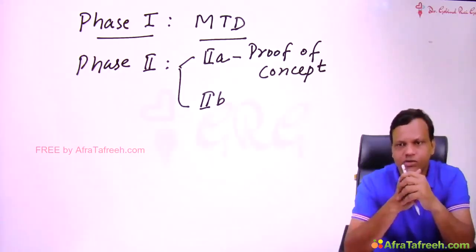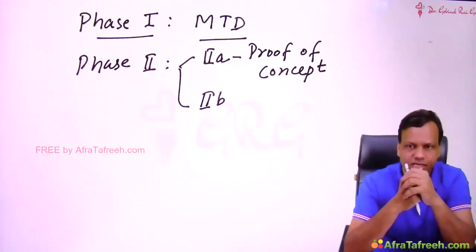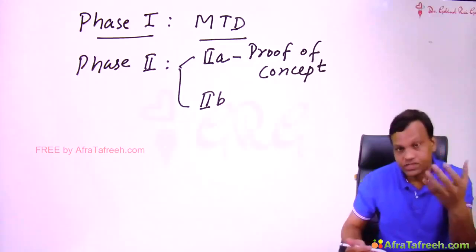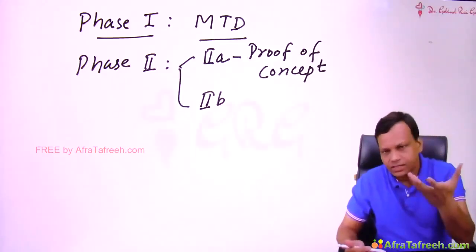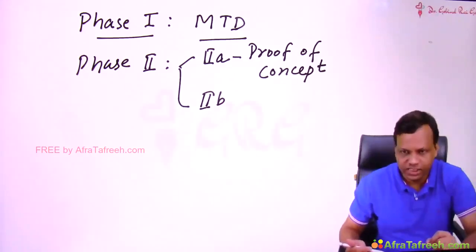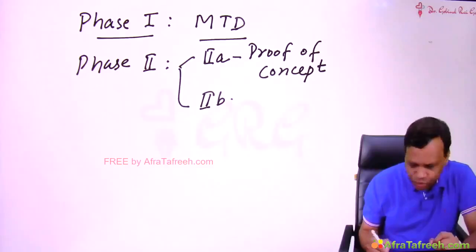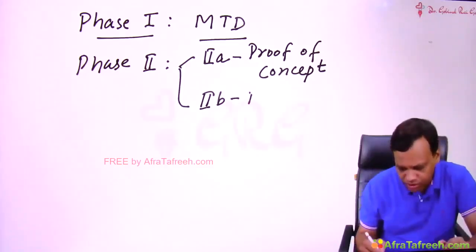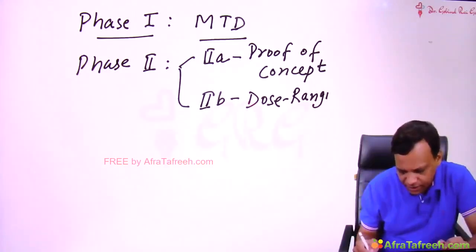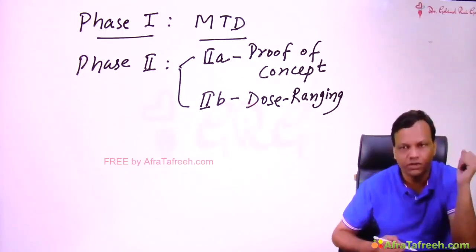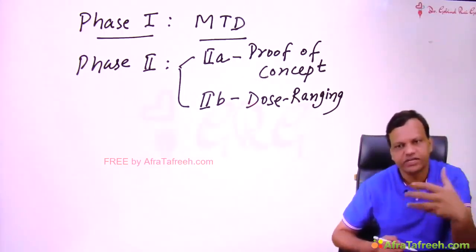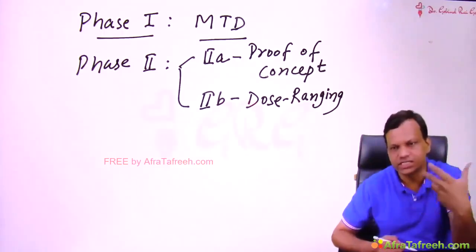So first of all, we will see whether the drug works or not. Suppose the drug starts working in the 100-200 people we have taken, and the drug is safe and efficacious in these. Then in phase 2B, we can do dose ranging studies. That means we can take different doses, but all the doses will be below the maximum tolerable dose, and see the effect of different doses. That is called dose ranging studies.